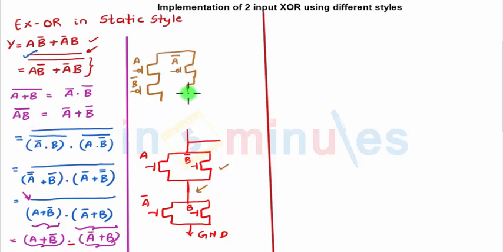A bar, B, and this completes the exact complement to my pull down network, and this will be connected to my output, because the output is taken from the between part of the pull up and pull down network, or PMOSes and NMOSes. So this is what I exactly get here. And if you put the different values from the truth table of A and B, you will see that your logic or your functionality is achieved.